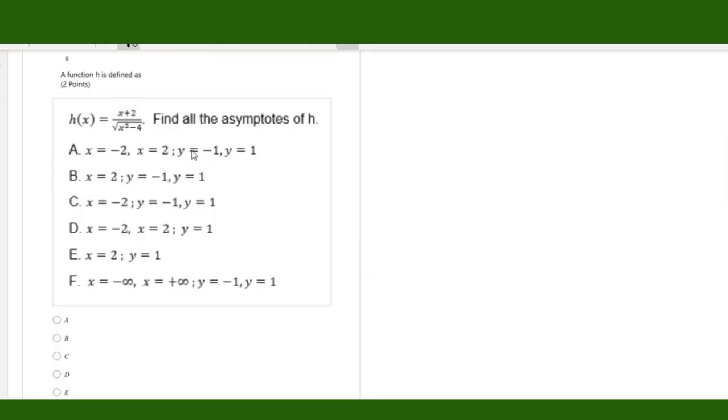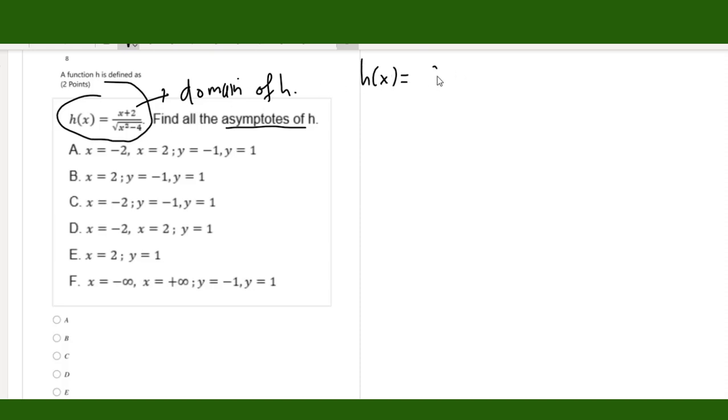Number 8: the function h is defined as x plus 2 over square root of x squared minus 4. Find all the asymptotes. To find the asymptotes, first thing we need to find is the domain of h. The function is x plus 2 over square root of x squared minus 4. Up here is a polynomial, domain real numbers.